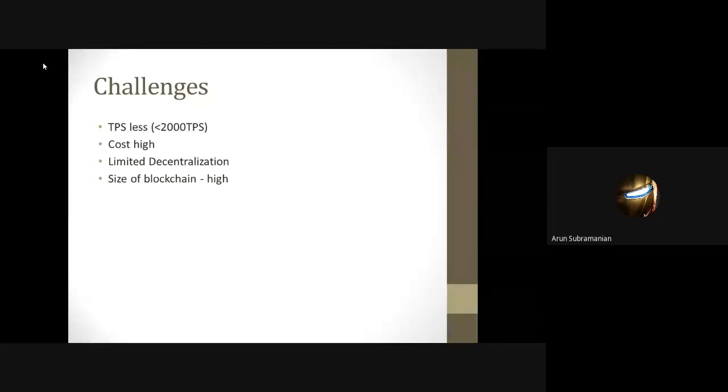One thing is that its throughput per second is very low. Not compared to blockchain, but compared to other payment gateway systems like Visa or Mastercard, which can transfer around 21,000 transactions per second, the Ethereum network can serve fewer than 2,000 transactions per second.